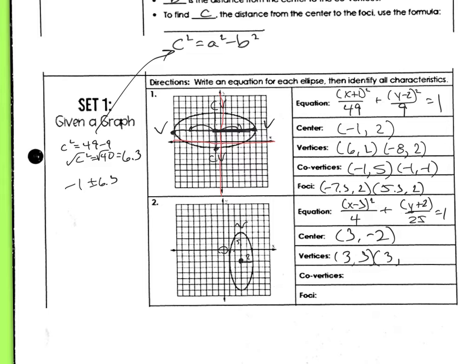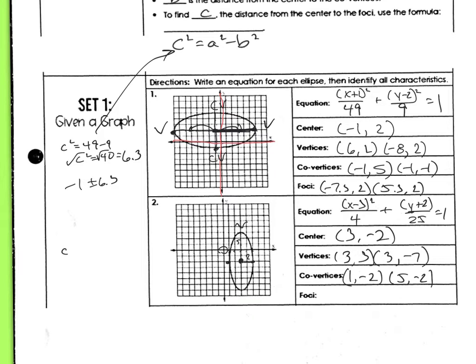Yep. The co-vertices are the short way. So this point and this point. This looks like it's at 1, -2, and 5, -2. Sorry, it took me a second to count those.